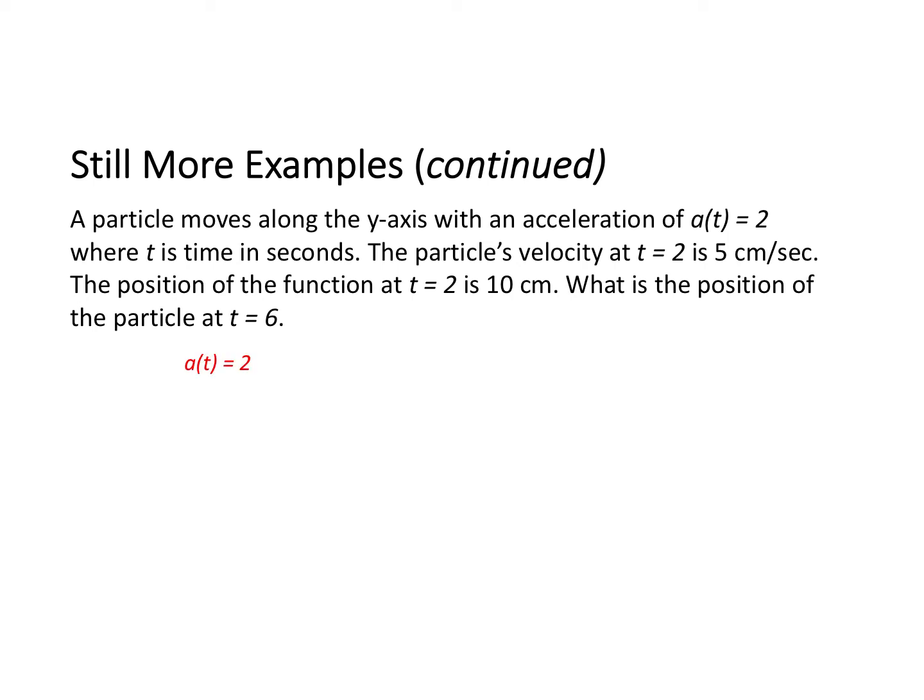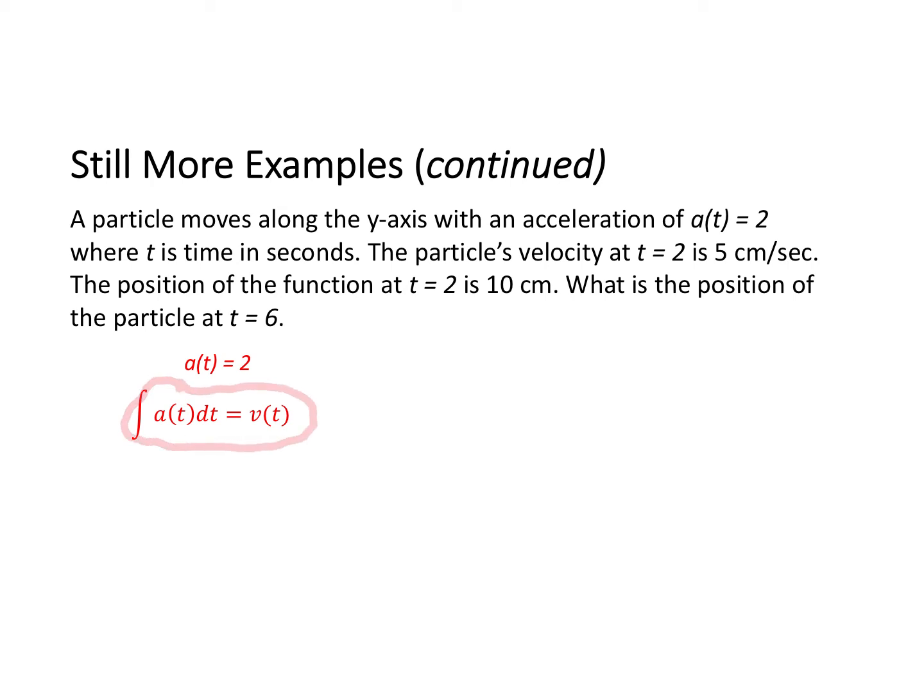Well, the first thing we know is that the a of t is simply equal to 2. It's constant acceleration. This is what we were told up here in the words of the problem. So we know that a of t is equal to 2. We also know that the integral or antiderivative of acceleration is equal to the velocity.